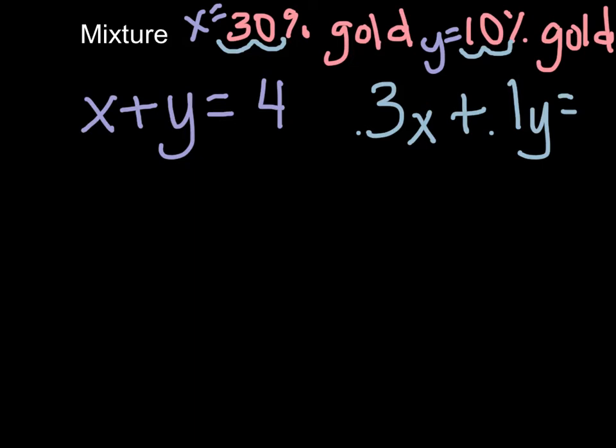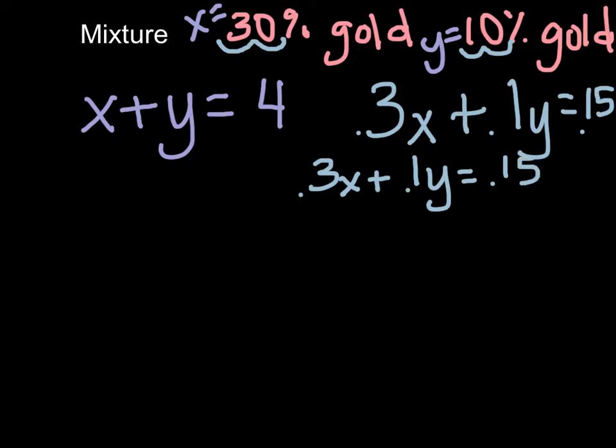And 15% gold would be 0.15. And I'm going to rewrite this underneath because I really want you to see this. So we have 0.3x plus 0.1y is equal, they want 15%, which is 0.15, of whatever amount you want. Well, the amount that he's making is 4, so that would be 0.15 of 4, or times 4. So that's how I would write it.